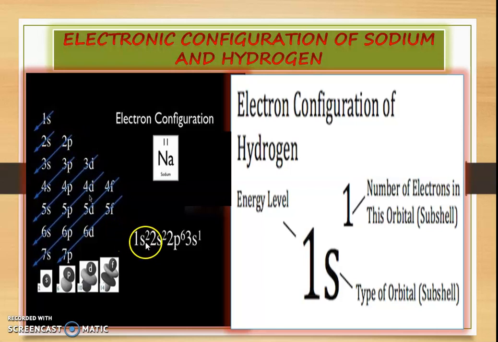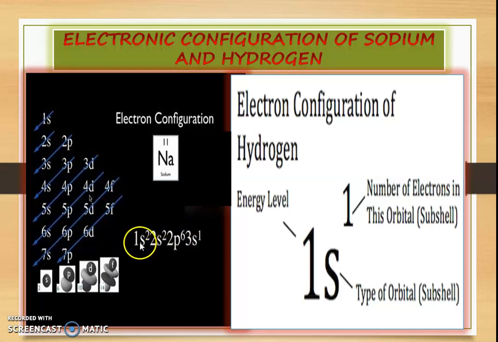First we need to fill, as we know that s contains a maximum of 2 electrons, so we put 2 electrons in 1s2. Again, s subshells have a maximum of 2 electrons. We have again put 2 electrons in 2s2. Then 2p6. We know that the p subshell contains a maximum of 6 electrons, so we put 6 electrons in 2p.